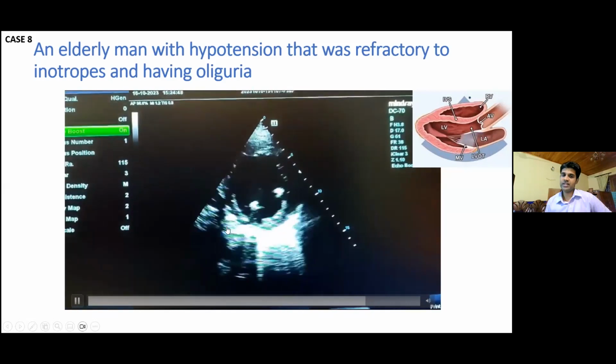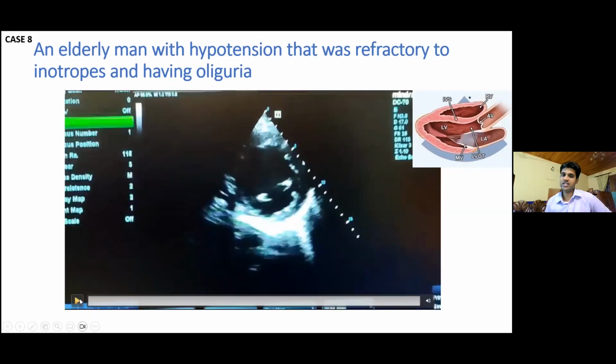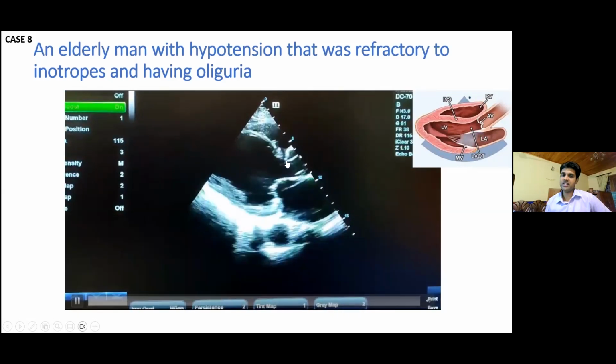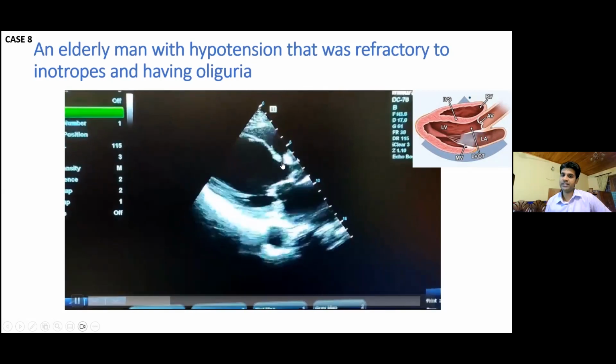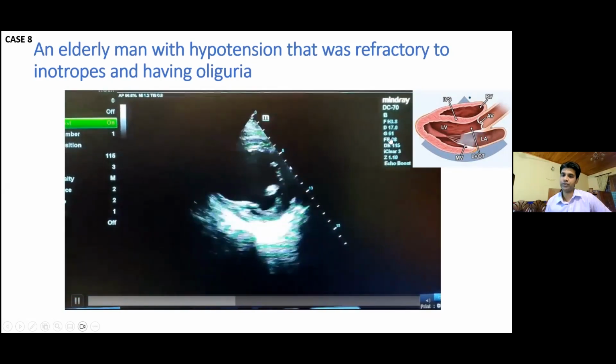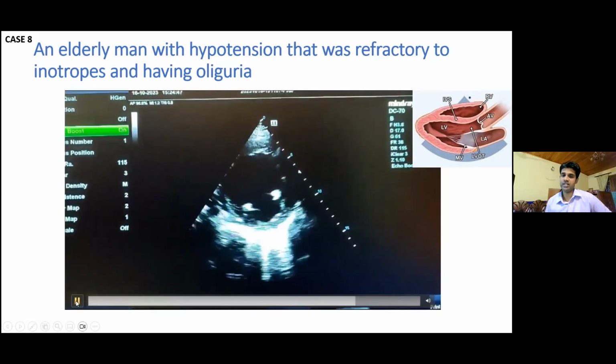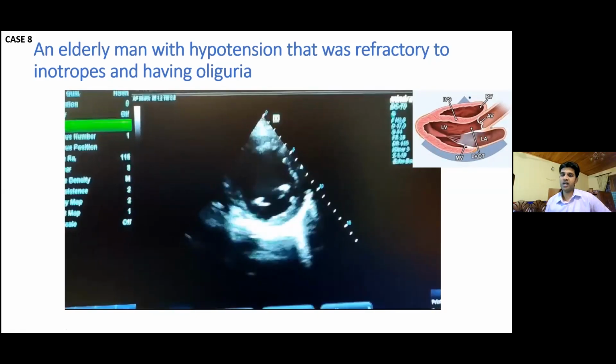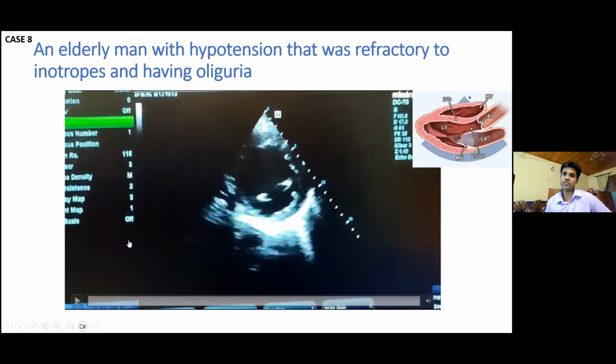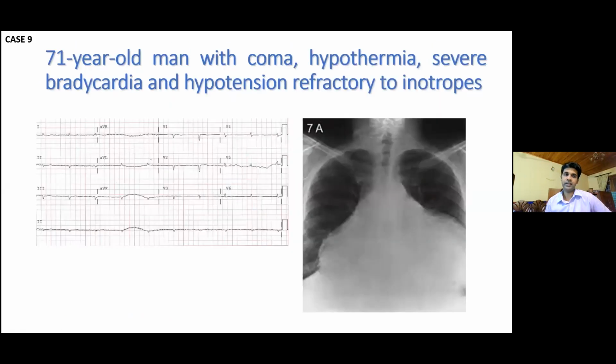So it's very poor LV contraction. And here, some of the areas of the left ventricle are so much thinned out if you compare with the still image. So this is a patient with very, very advanced, severe systolic heart failure. So that's why he was hypotensive, and because of renal hypoperfusion, he was having oliguria.